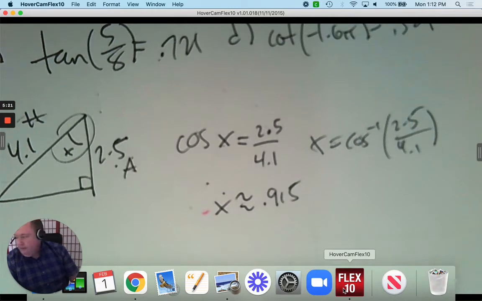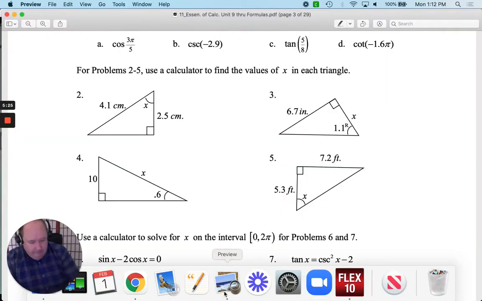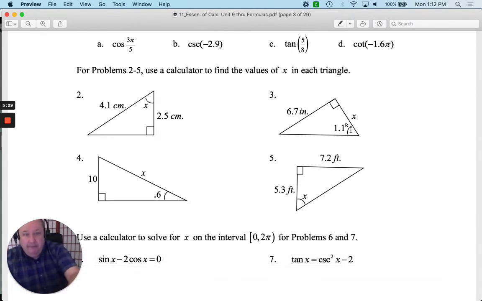All right, number 3. So if I look at number 3, we have opposite and adjacent. That would be tangent. So we're going to write down tangent, and the ratio is 6.7.